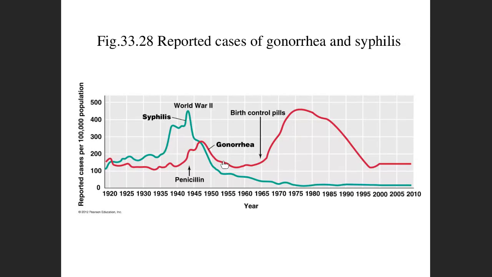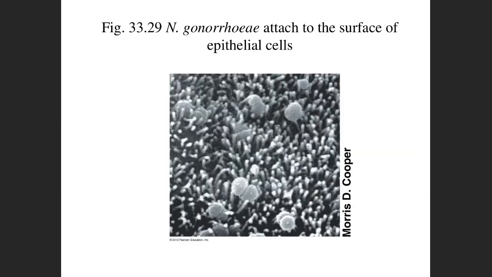And with the introduction of birth control, it got a high incidence peak, and it finally came down. People recognize that safety is important. So then protection is put in, and so now the incidence is coming down.